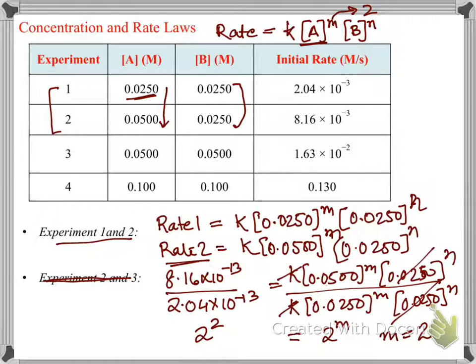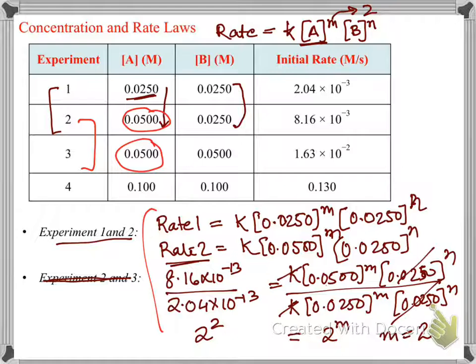We're going to do the exact same steps, but now we're going to use experiment number 2 and 3. And why is that? Because now we want to find out the order with respect to B. And why did we pick 2 and 3? Because in 2 and 3, A is constant.